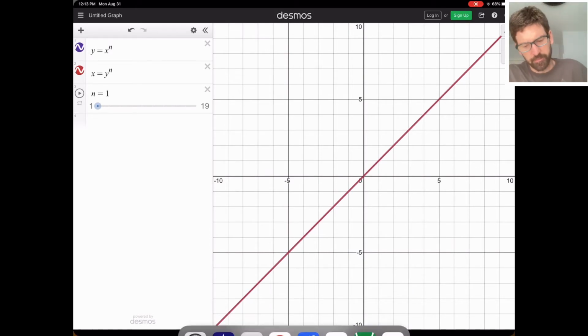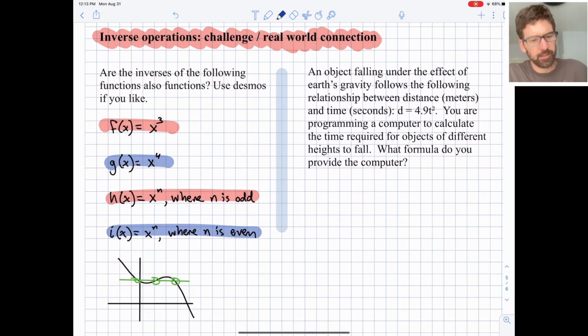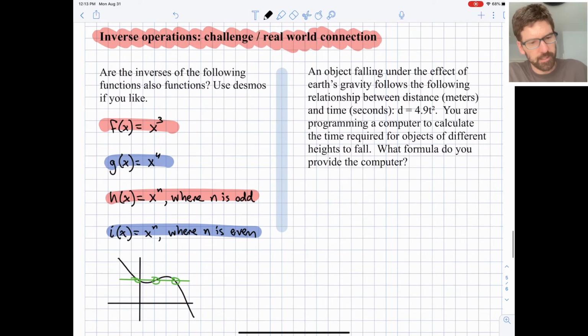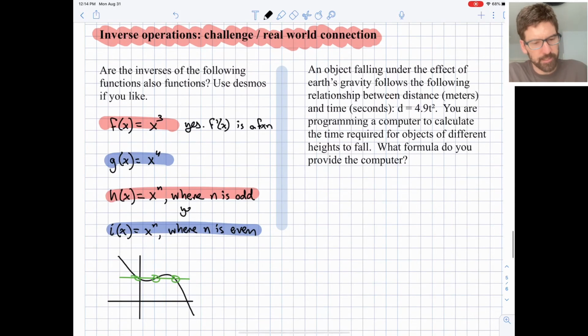Going back to our notes, it looks like the answer to this question is yes, the inverse is a function. Where it's odd, the answer is also yes. Actually here I'm calling it h of x, so let me be clear with my notation. H inverse of x is a function.